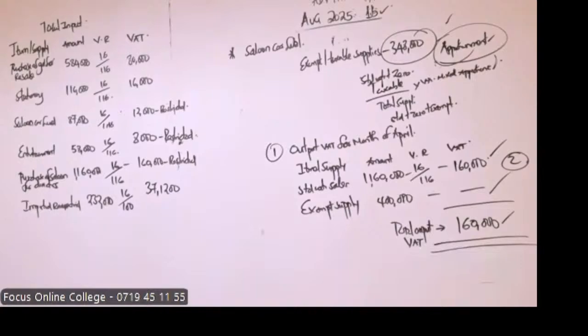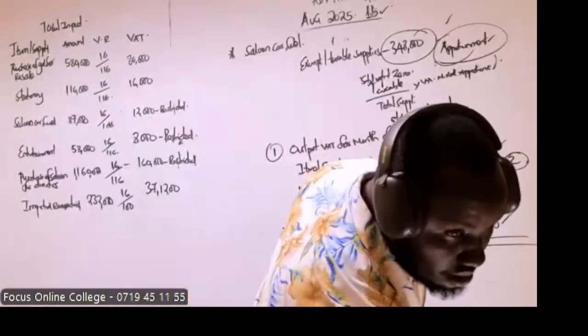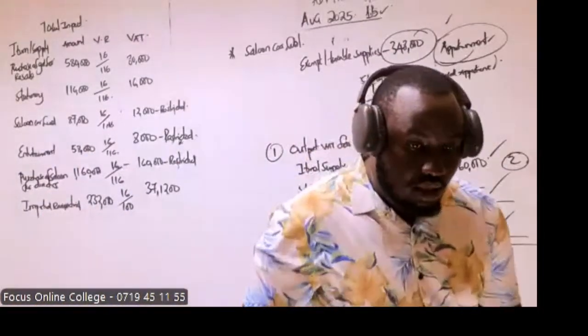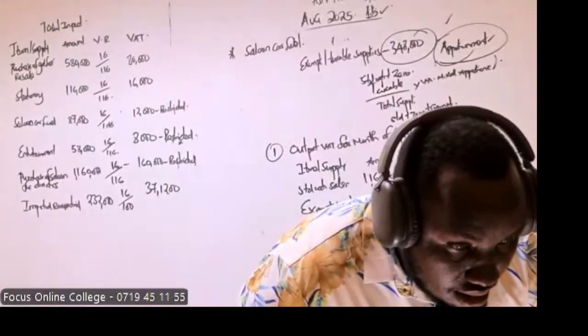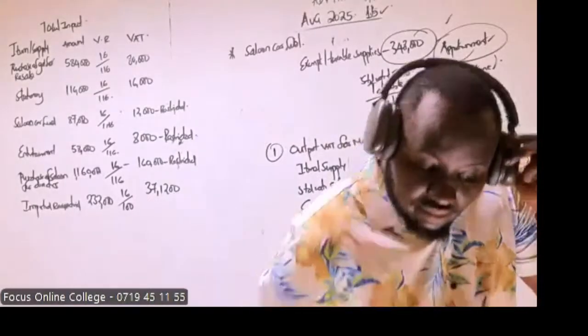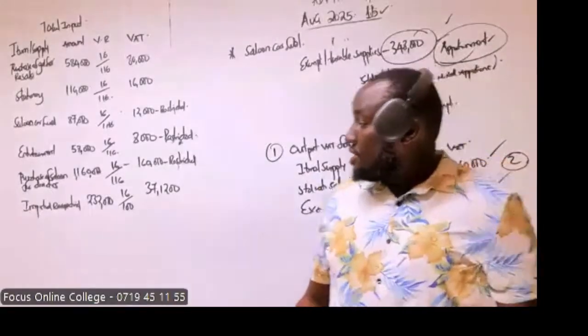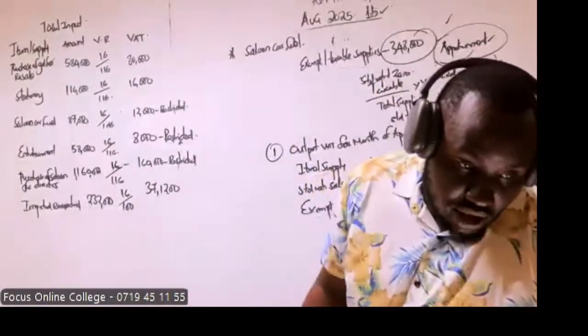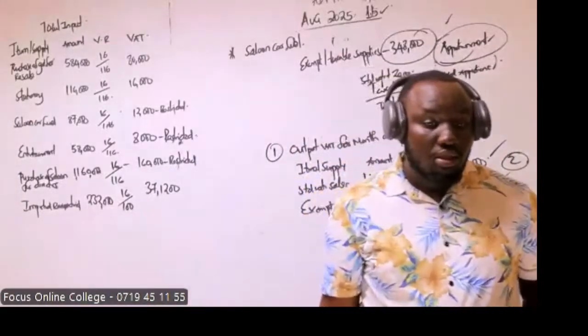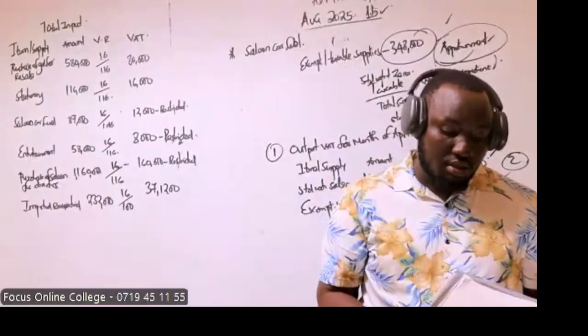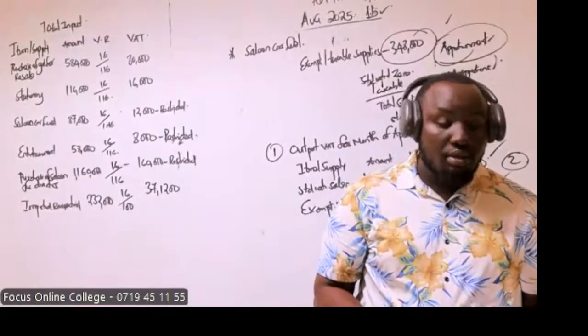Wasn't the 232,000 equivalent to 16 over 100? Yes, that's 16 over 100 because that's input. No, it said that the VAT paid was 232,000, right?